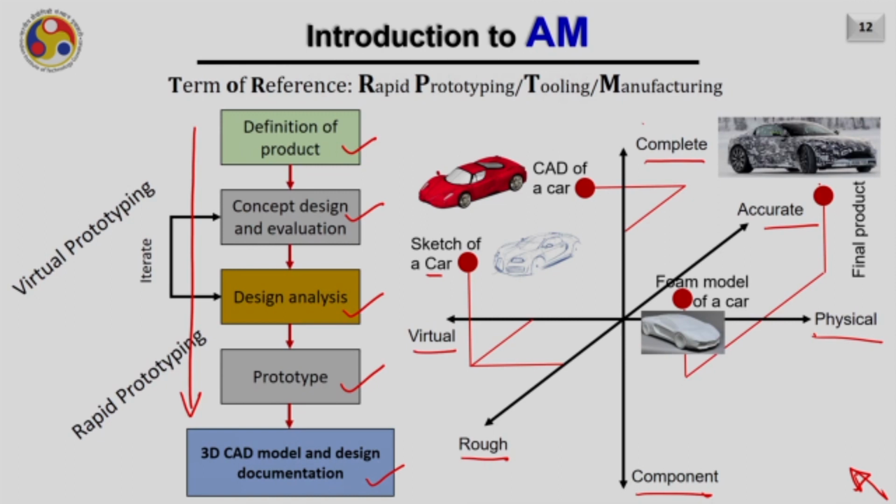So, these different types of prototypes have to be made very fast, because if you really want your product to reach the market faster, you need to complete this product development cycle in a faster manner. Therefore, two things are now important.